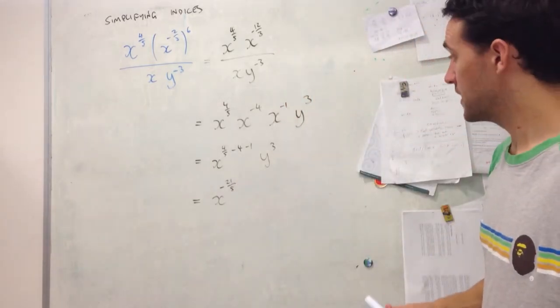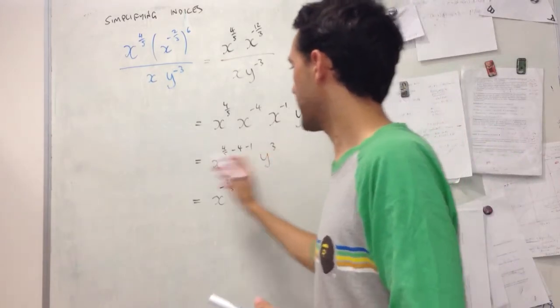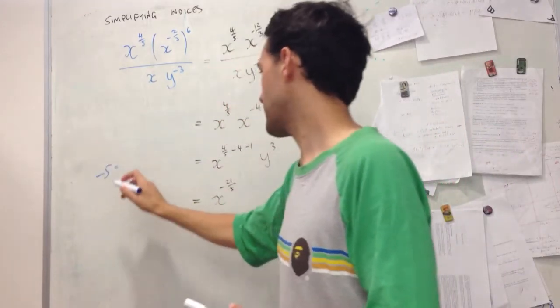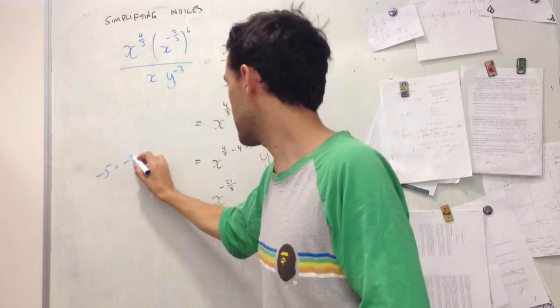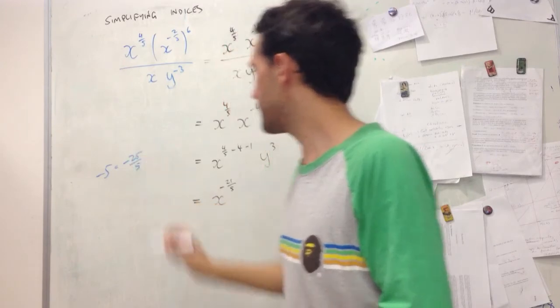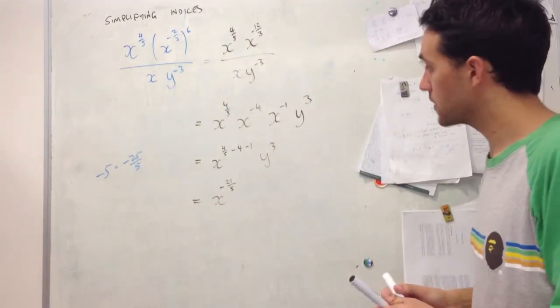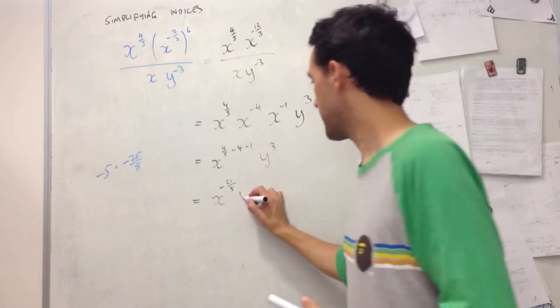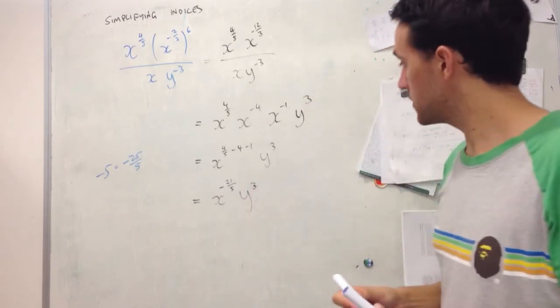Can also get to that by saying that minus 5 is the same as negative 25 on 5, multiplying by index, and then get y cubed here.